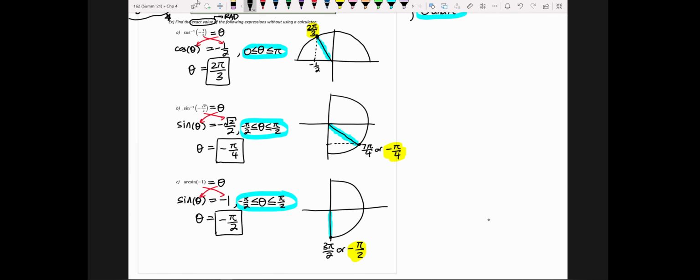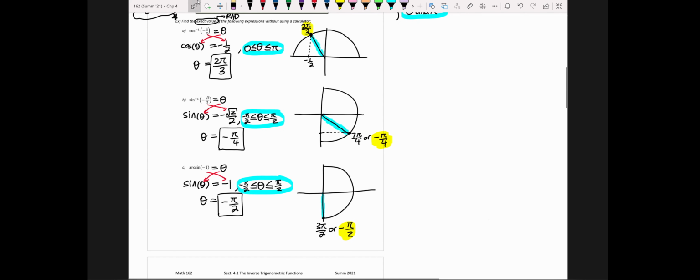So let's take a look at what we did here. To find the exact value of the inverse trig function, we did the switch, and we made note that the inverse trig function has restrictions. For inverse cosine, the answer is between 0 and pi. For inverse sine, your answer is between negative pi over 2 and pi over 2.